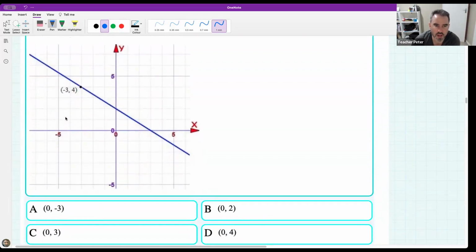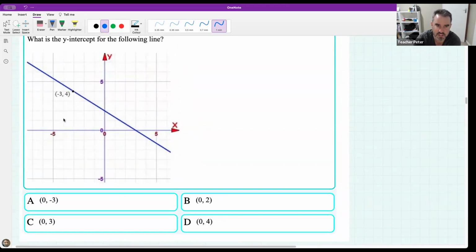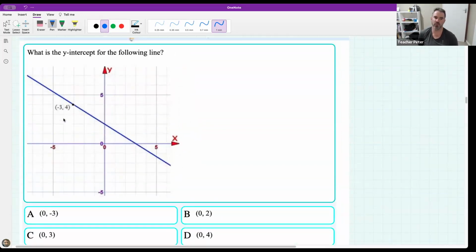What is the y-intercept for that straight line? Which option? A, B, C, or D?